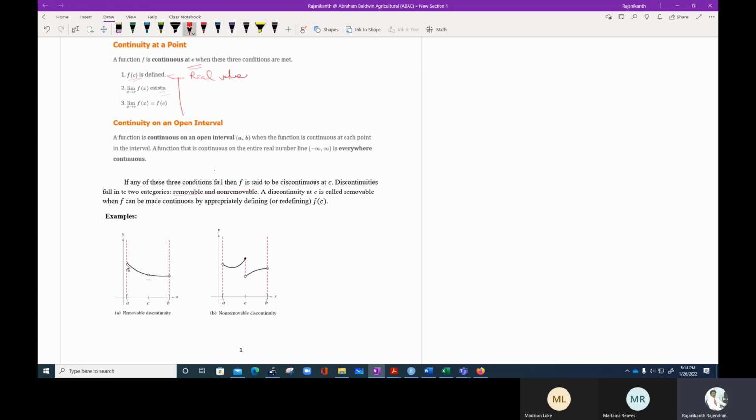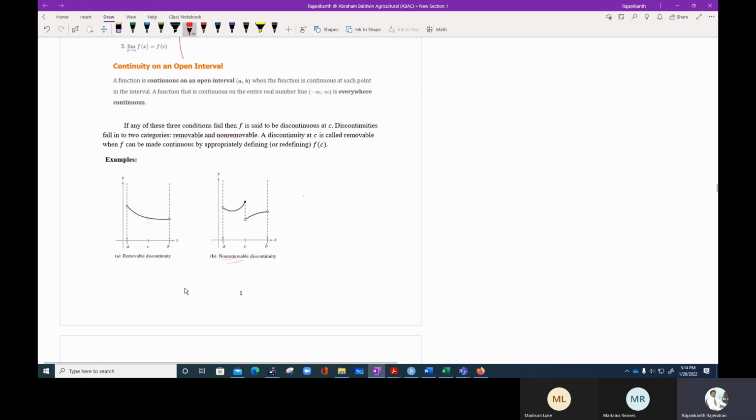Then you could call these kinds of functions removable discontinuity. But if there is any jump or big gap between two ends, then we call it a non-removable discontinuity. Okay, these are the two cases we have to keep in mind.